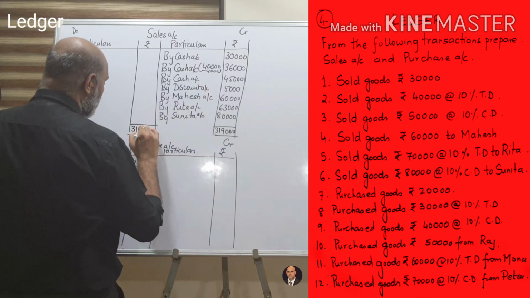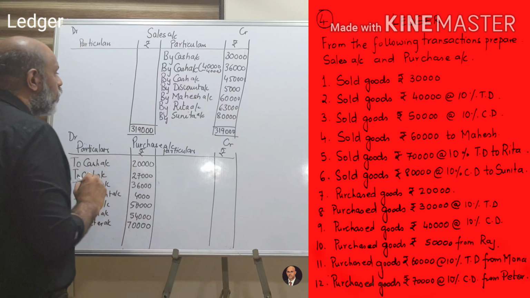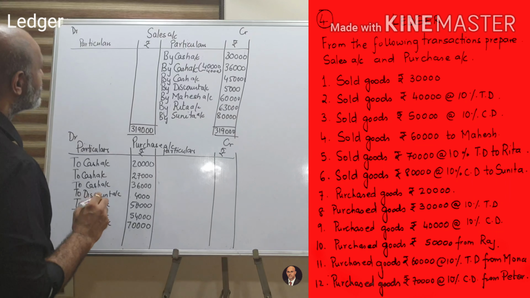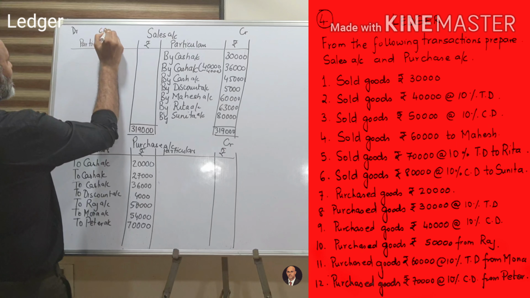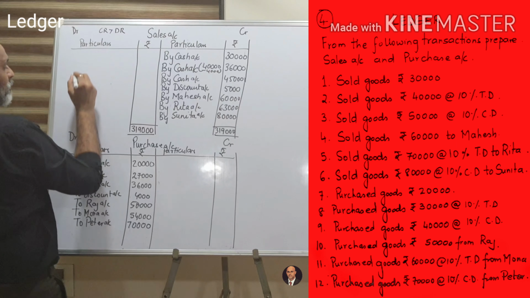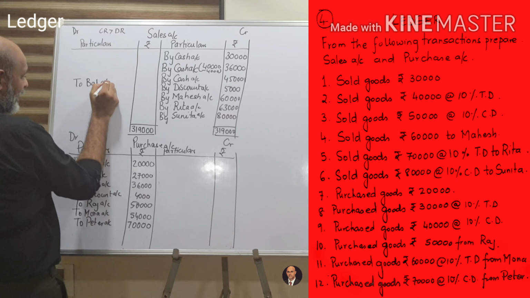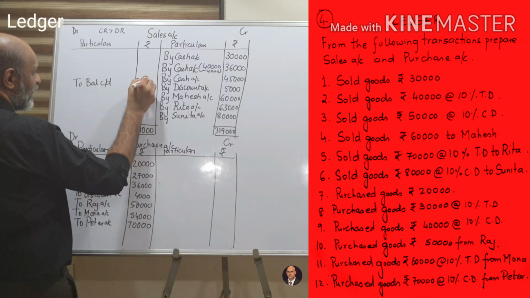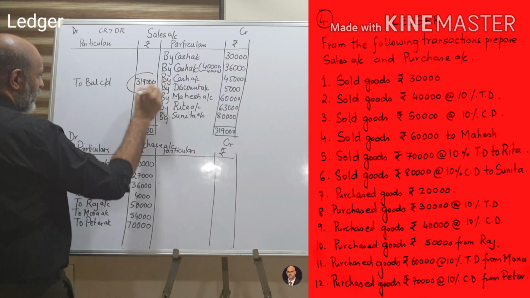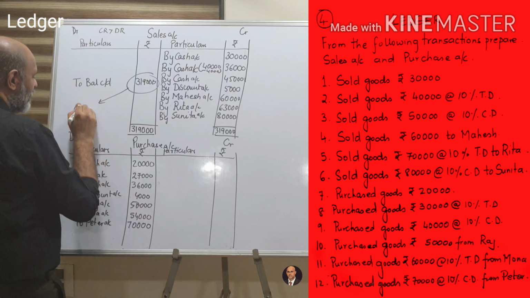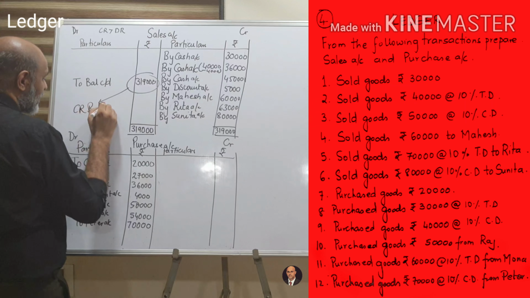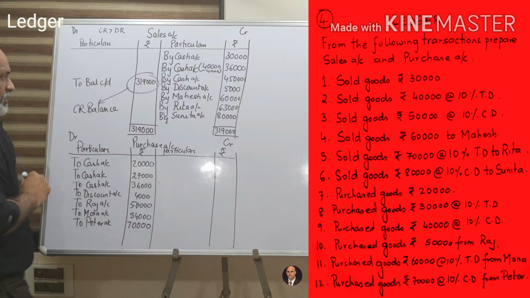The debit side is 0, so this has a credit balance. Since the credit side is greater than the debit side, it's a credit balance. So, to balance carried down 3,19,000.